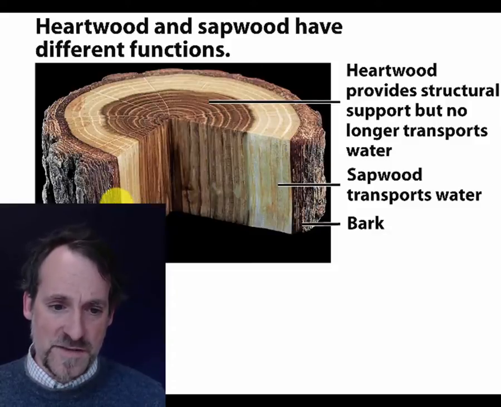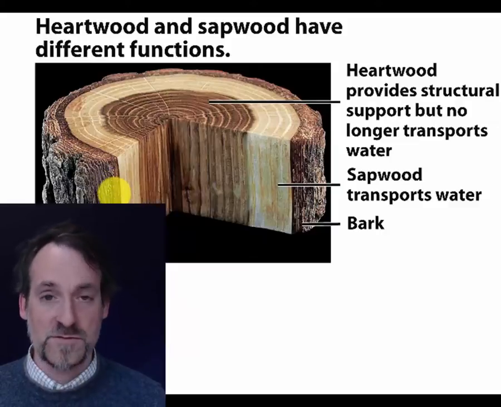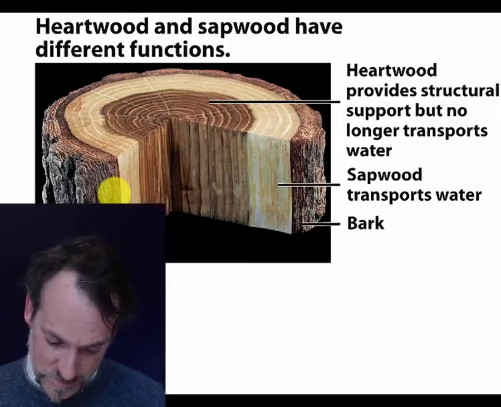On the outside of the vascular cambium is the bark. That is where the phloem is being formed. Again, the phloem are the vascular elements that pull carbohydrates down from the shoots toward the roots.